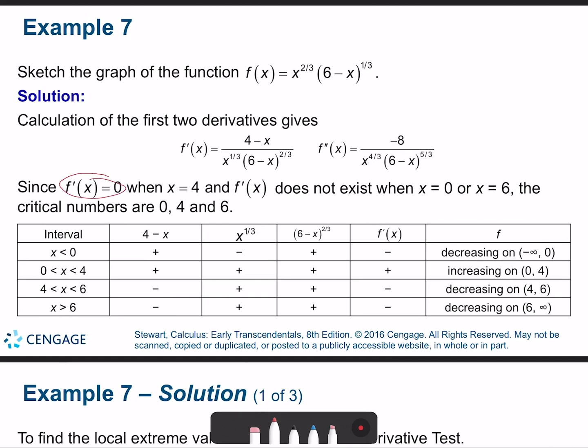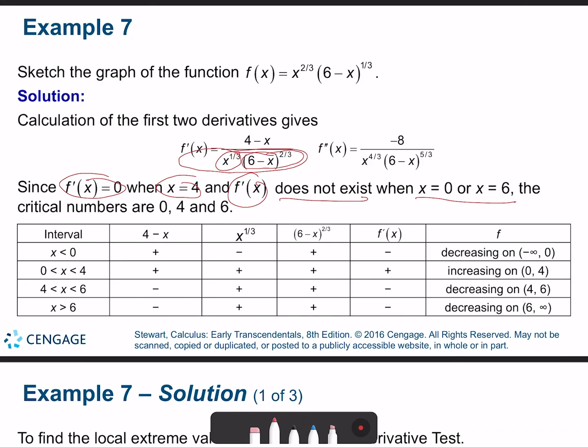When the first derivative is set equal to 0, we get an x value of 4. And we have to notice that the first derivative does not exist when x equals 0 or 6. 0 would turn this factor into a 0. Positive 6 would turn this factor into a 0, which would give us a denominator of 0, which causes division by 0, which is undefined.